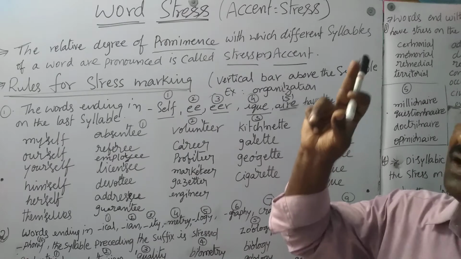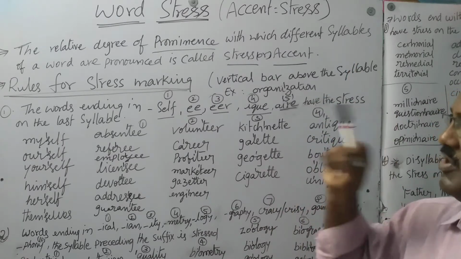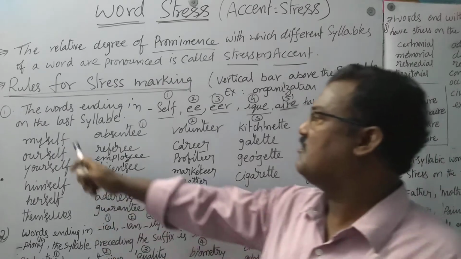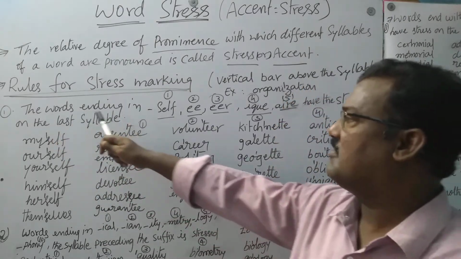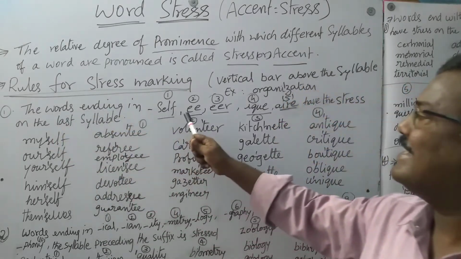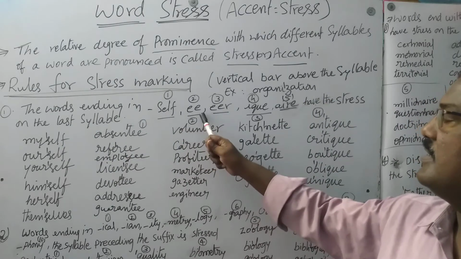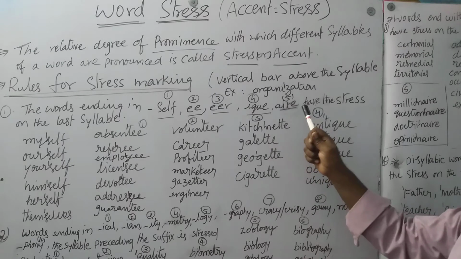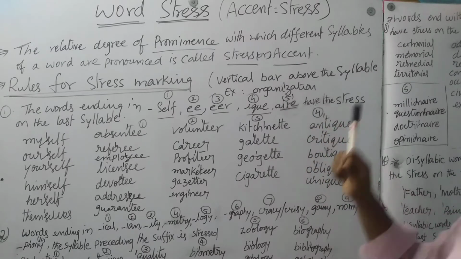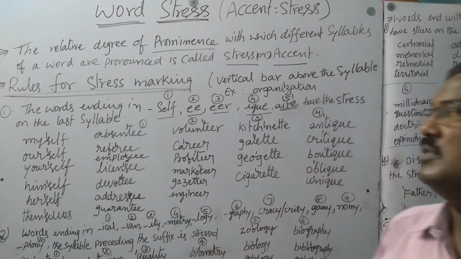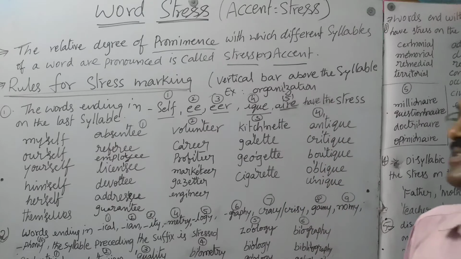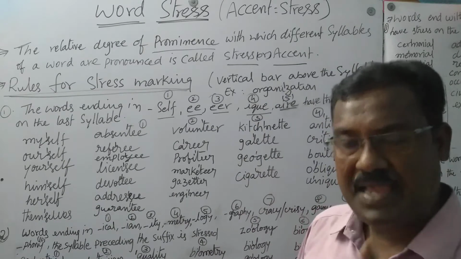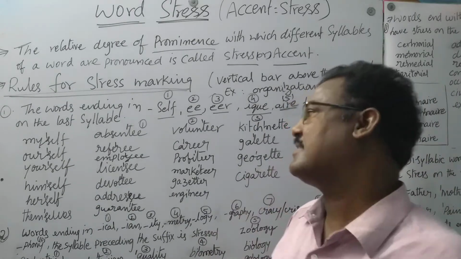That means on the top of the syllable where we have to stress, there we have to use a vertical bar. For example, first rule: the words ending in self, EE, ER, IQUE, AIRE have the stress on the last syllable. For example, the word myself, my one syllable, self another syllable.